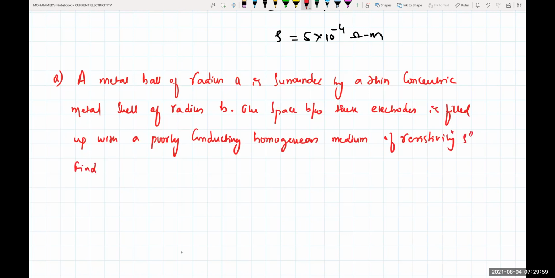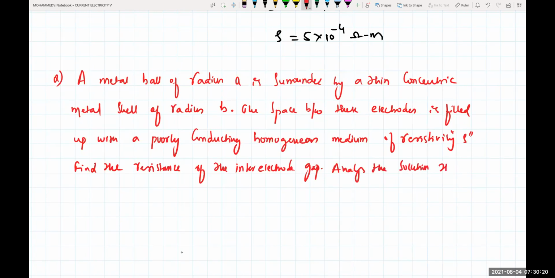Find the resistance of the inter-electrode gap. Analyze the solution obtained at B tending to infinity. What will be the answer at that time? So read the question carefully.